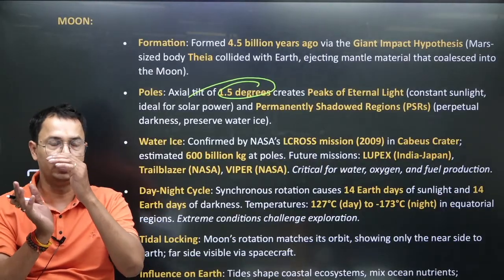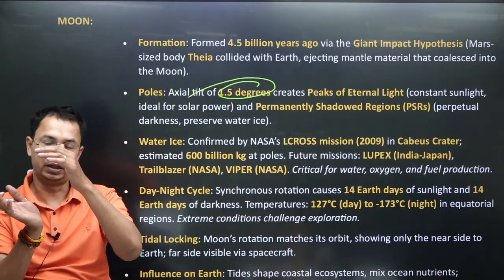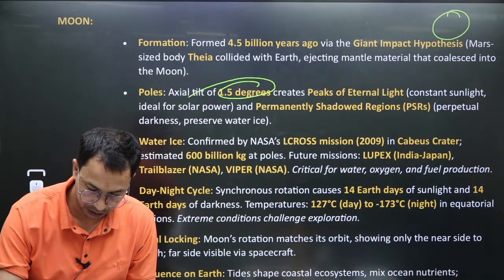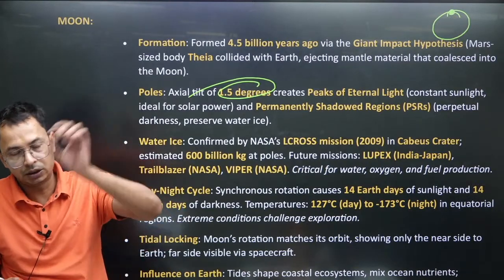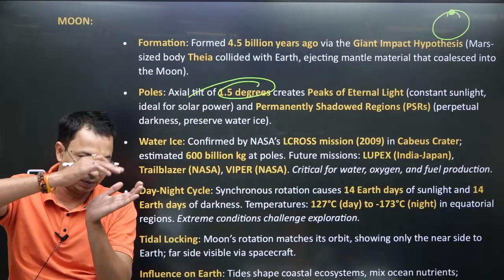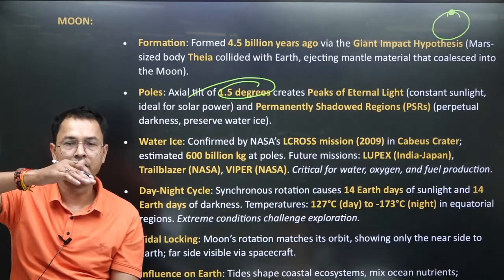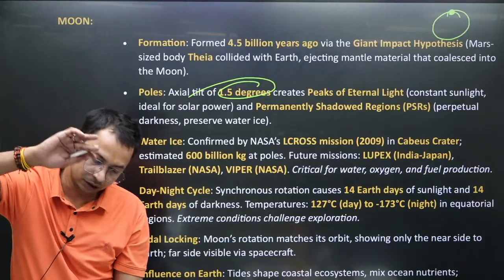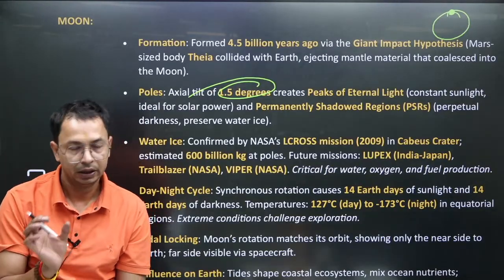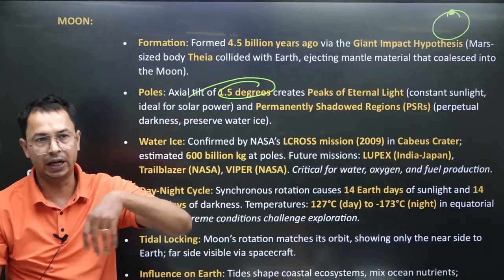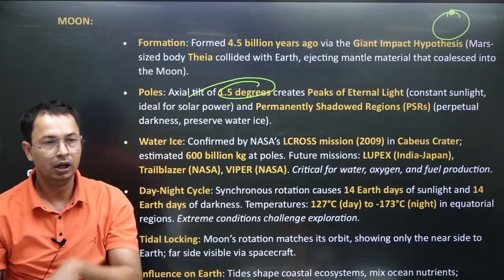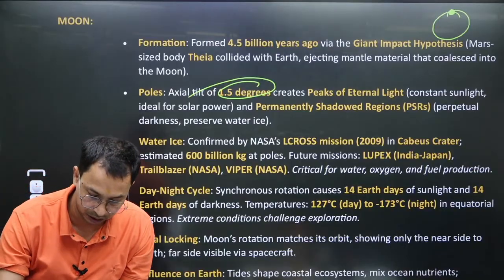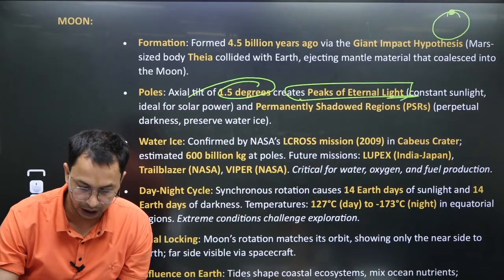This moon has only 1.5° of axial tilt, and because of this axial tilt, at the south pole we have a mountain system that is approximately 6 km high on average, and because of that height and less axial tilt, in these mountains we have year-long lighting. There is always sunlight on these mountains. That is why these mountains are called the peaks of eternal light.